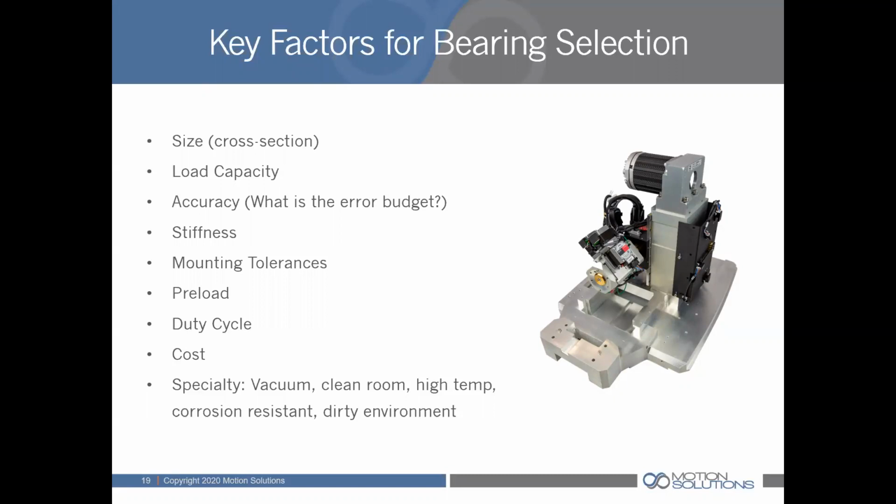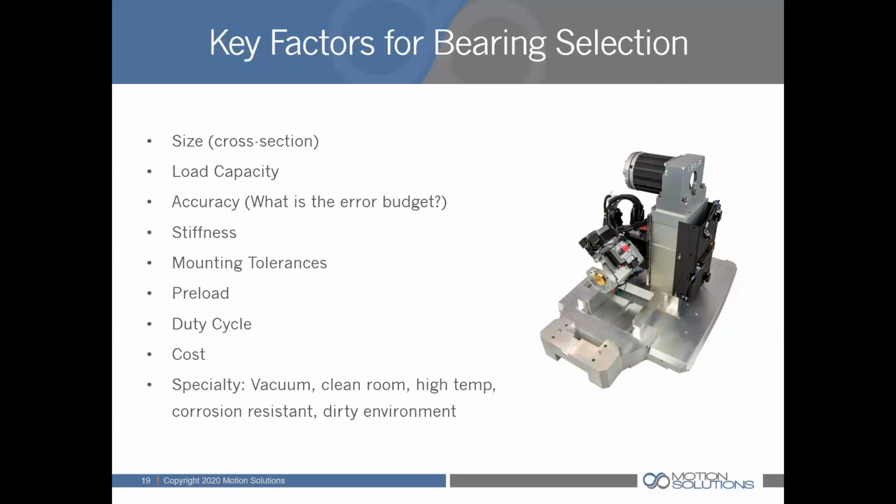So you're going to have a running parallelism of the bearing. You're going to have the mounting surface inaccuracies, not flat. You're going to have, of course, from your motion control system, errors from whatever's driving the load. So all of these things have to add up to and still be within your accuracy requirements for your positioning.